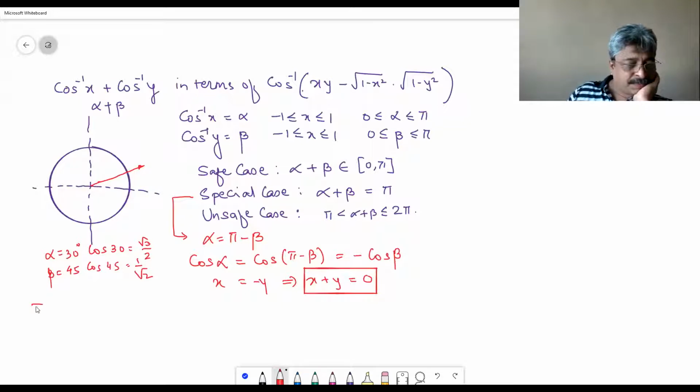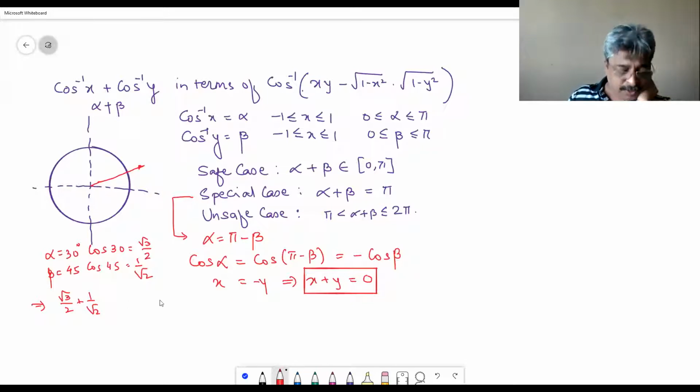Therefore, we find root 3 by 2 plus 1 upon root 2, which happens to be greater than 0. So obviously, if these are the two angles, we will end up having 75 degrees. We will have our angle in the first quadrant only.